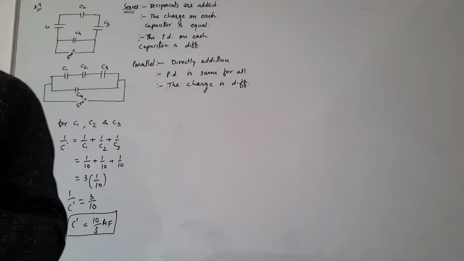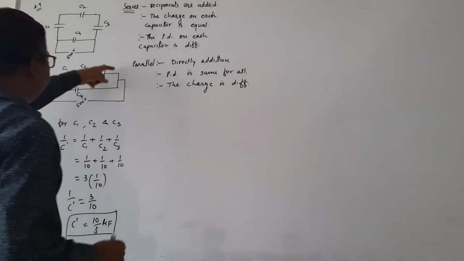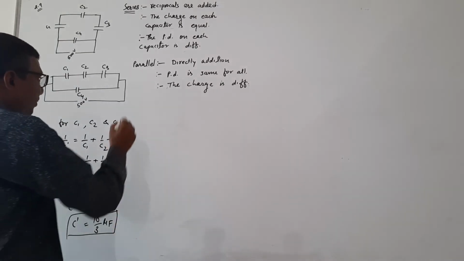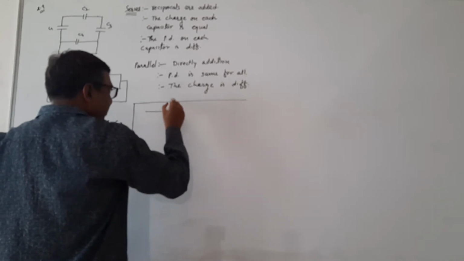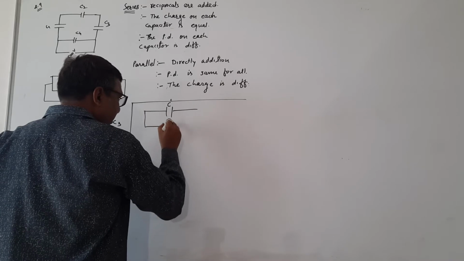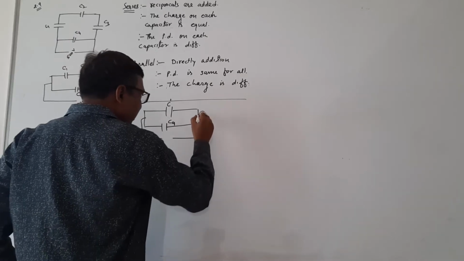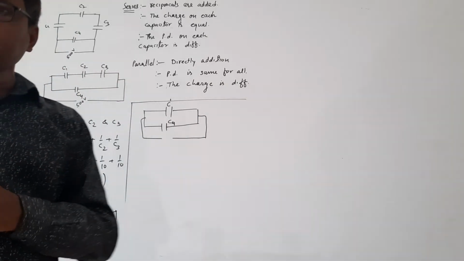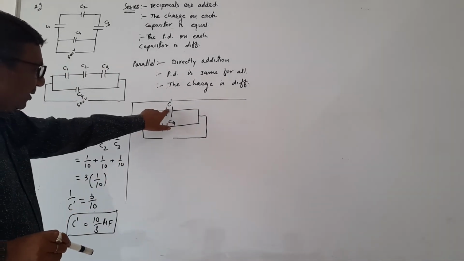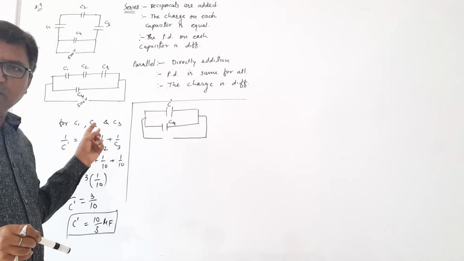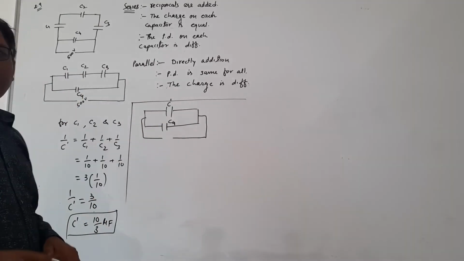This capacitance is for these 3 capacitors only. Now you will find another figure, and that is like this: C dash and here C4. So this is a parallel connection. C dash is the equivalent capacitor for all these 3, and it is connected with C4 in parallel.